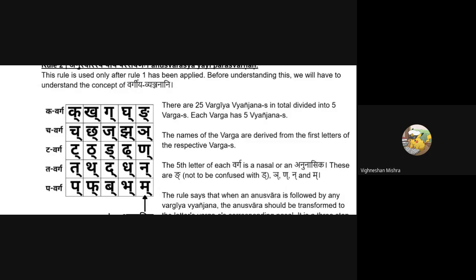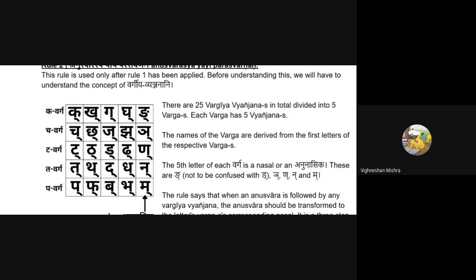So here it can be seen that there are 5 columns and 5 rows. Now 5 columns multiplied by 5 rows gives us 25 cells. So there are 25 Varga Vyanjanas in total divided into 5 Vargas. One Varga is denoted by 1 row. Each Varga has 5 Vyanjanas.